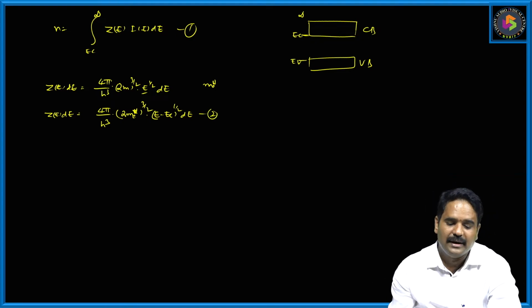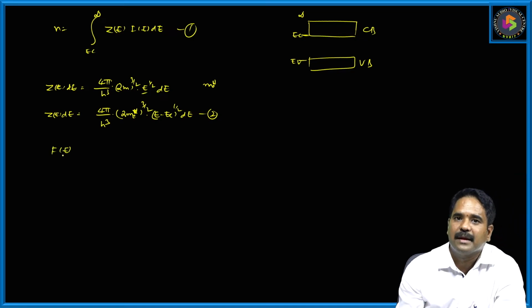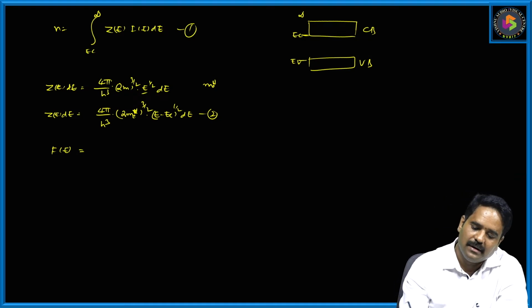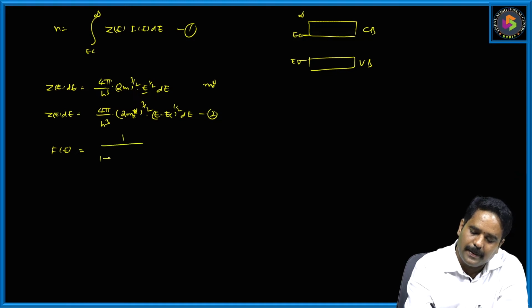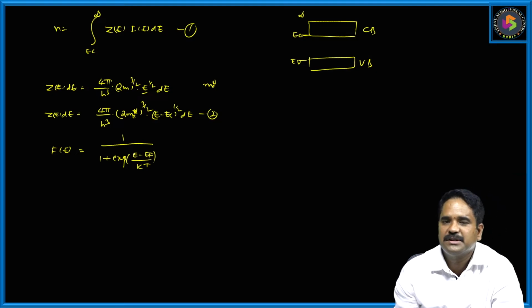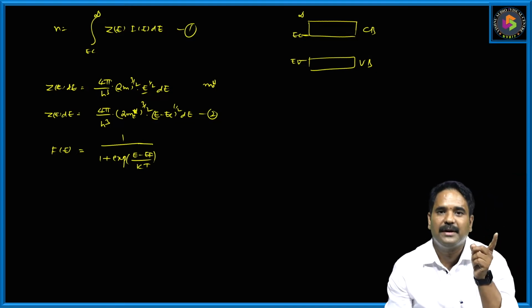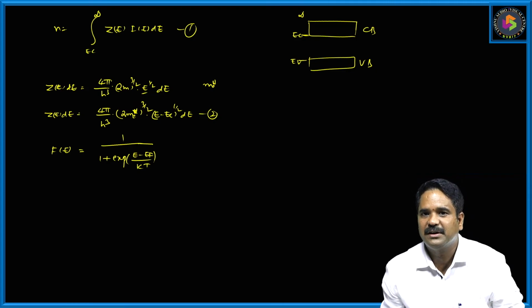Equation number 2. Next we will take the Fermi-Dirac distribution function f of E, which is also taken from the statistical mechanics. The Fermi-Dirac distribution function f of E is equals to 1 by 1 plus exponential of E minus Ef by kT. Here E is energy, f of E is a Fermi-Dirac distribution function which gives the probability of electrons occupation, and the value of f of E varies from 0 to 1.